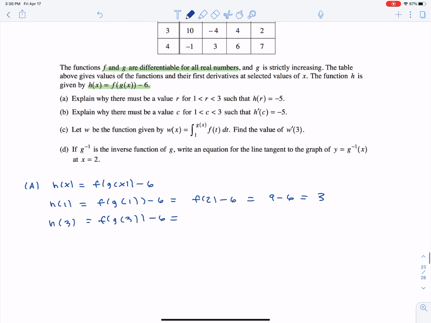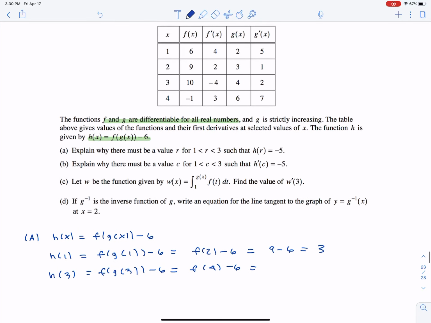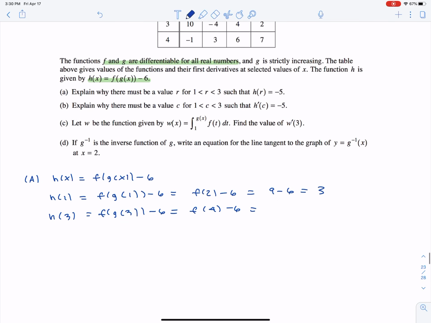So this becomes f of 4 minus 6, which equals, f of 4 is negative 1, so this is negative 1 minus 6, which equals negative 7. Perfect. Okay, so I think you'd agree negative 5 is in between those two numbers.